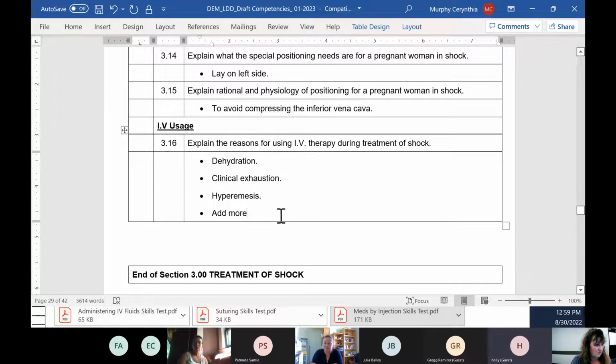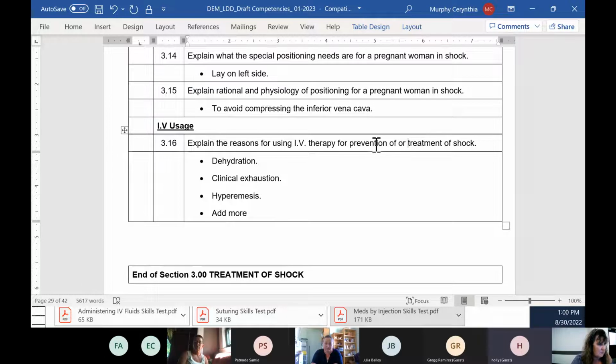So these are things that could lead to shock. So we are preventing shock from dehydration, from clinical exhaustion, from hyperemesis. Then we need to change the wording to say explain the reasons for using IV therapy for prevention or treatment of shock. To prevent or treat shock, yes.